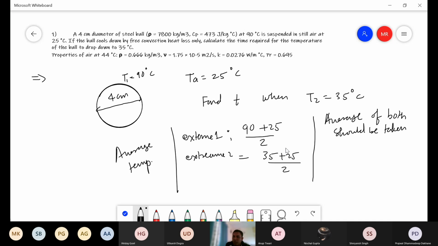My average temperature will be 90 plus 25 divided by 2, plus 35 plus 25 divided by 2, and this entire thing divided again by 2. So this comes to around 44.